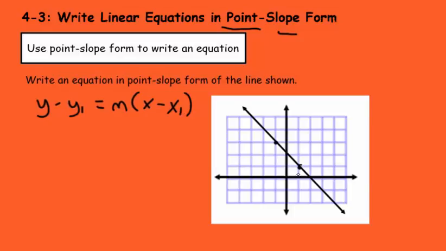For this point, x is 1, so it would be x minus 1. For this point, y is also 1, so it would be y minus 1. My slope, it goes down 2 over 2. So that's a rise of negative 2, run of 2. So negative 2 over 2 gives us a slope of negative 1. And then that's our point-slope form equation.